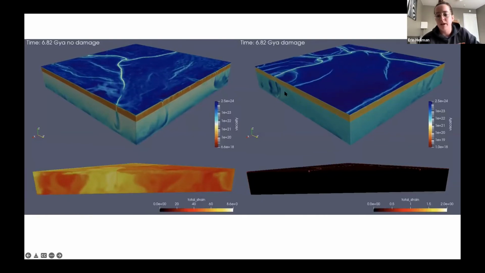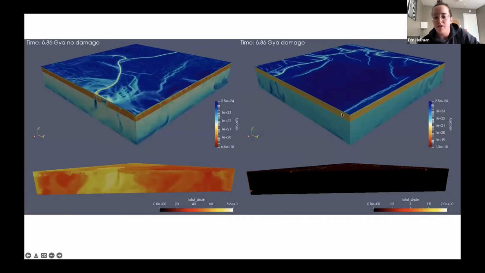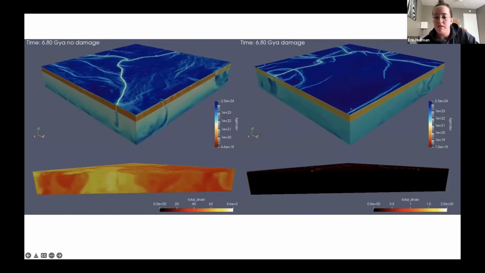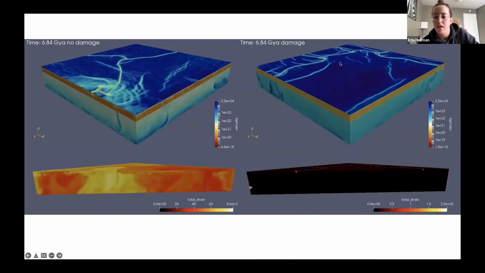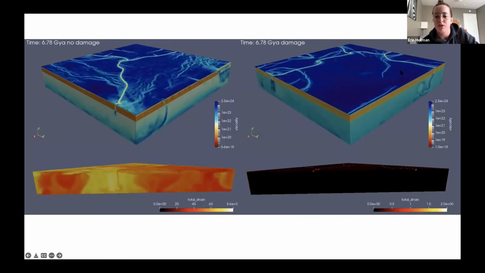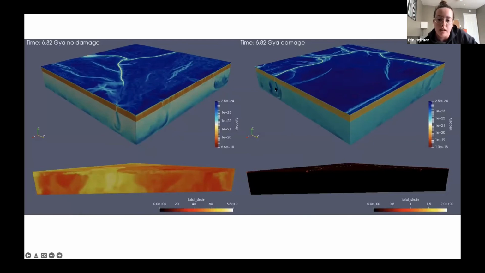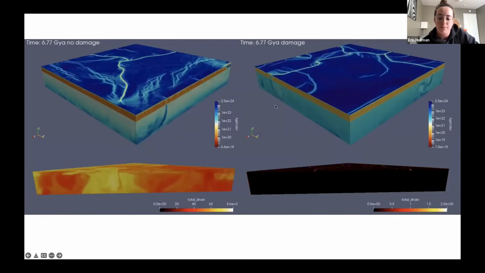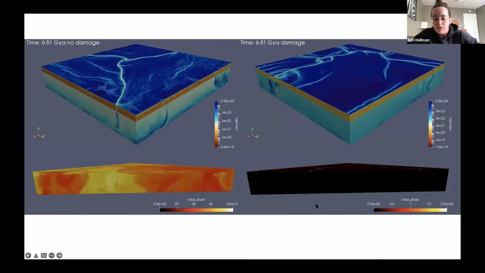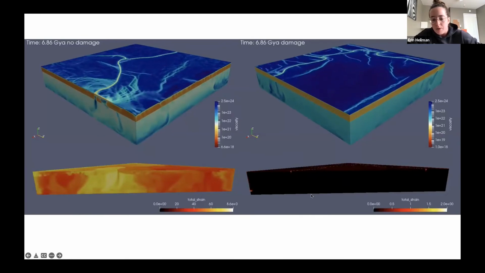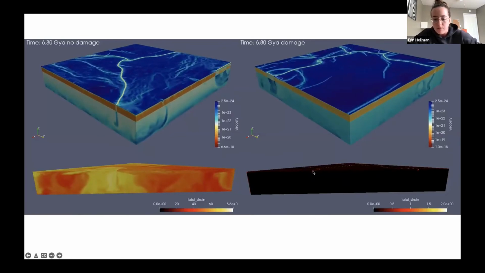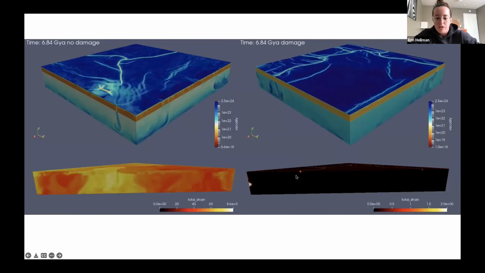Then on the right, this is where we have the damage. This long line, for example, is a spreading center. You can see it move away, and there is your subduction zone there as well. And in the total strain on the bottom right here, where we have our damage rheology, you can see where there is strain at the subduction zone.